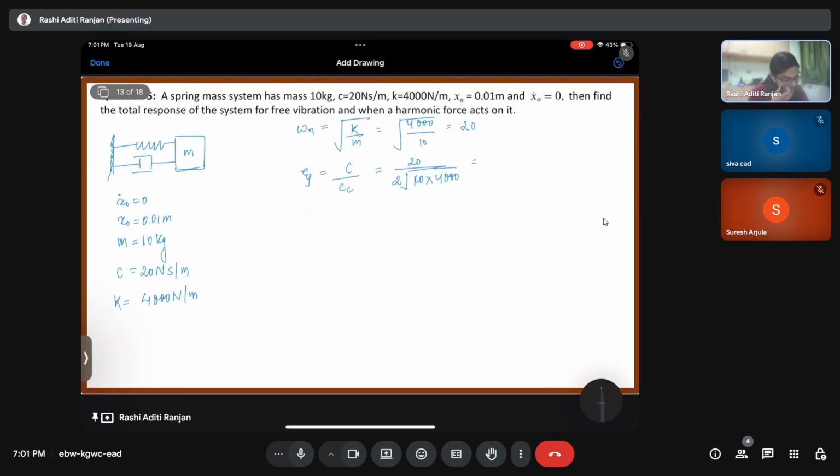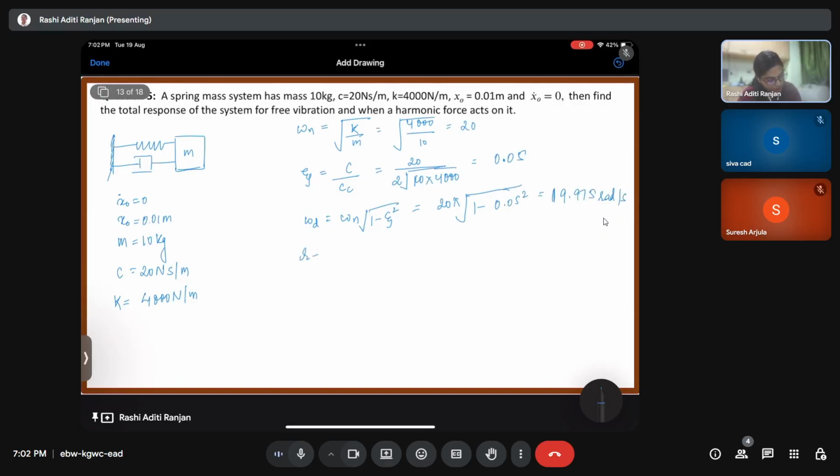This is 20 by twice the under root of 40,000, so 0.05. Then we have omega d, omega n under root of 1 minus eta square, which will be around 19.975 radians per second.